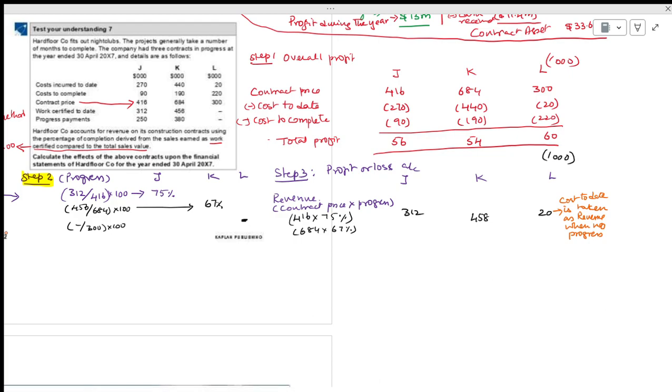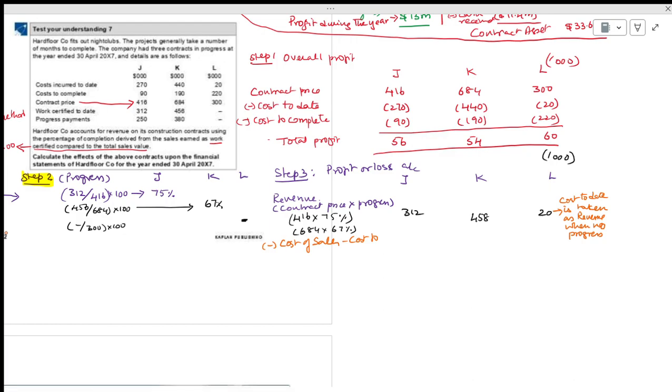That 20 we will recover, and it is going to be treated as the revenue. Second, minus cost of sales. Cost of sales is nothing but cost to date.